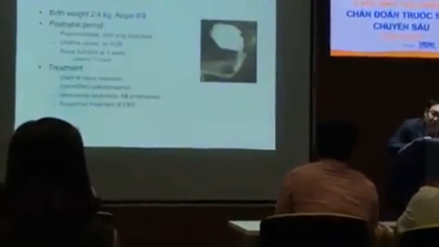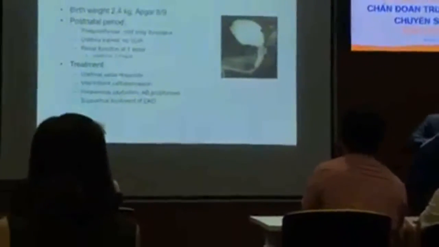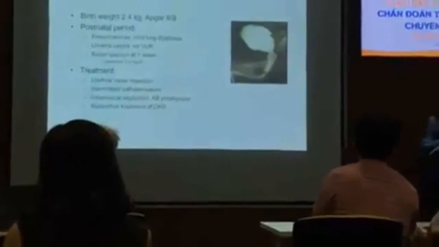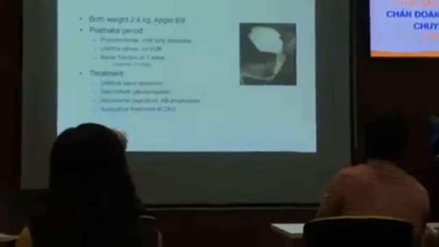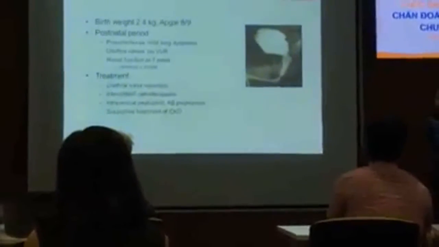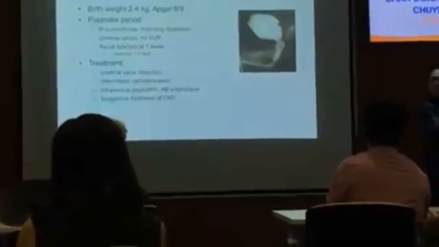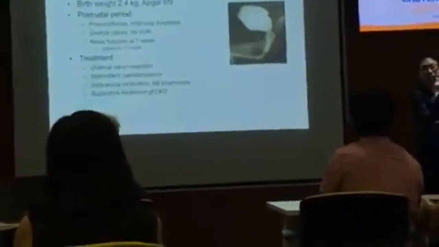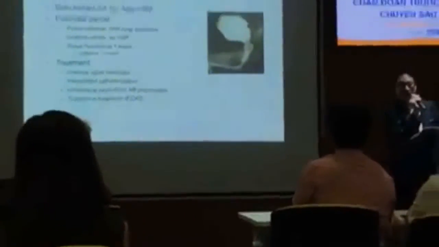Yes, 1.2 centimeter. And no abnormal chromosome. Yeah, of course. And without the umbilical cord cyst. Yes, without umbilical cord cyst. Very nice. Thank you. The chromosome needs to be normal, otherwise you cannot do this intervention.